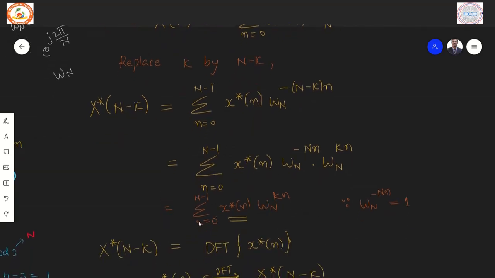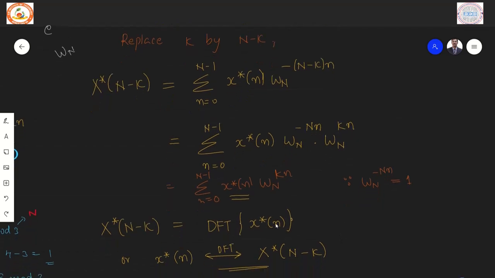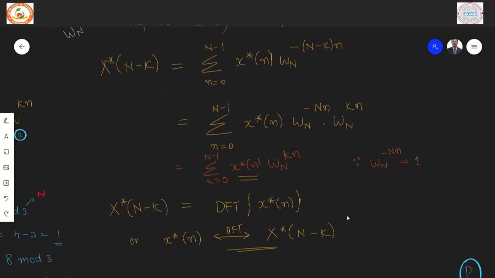Now this equation once again resembles that of the DFT, with the difference that in place of x of n we have x conjugate of n. Hence it can be treated as the DFT of x conjugate of n. In other words, DFT of x conjugate of n is x conjugate of n minus k, or alternatively x conjugate of n has a DFT x conjugate of n minus k. Hence the proof.